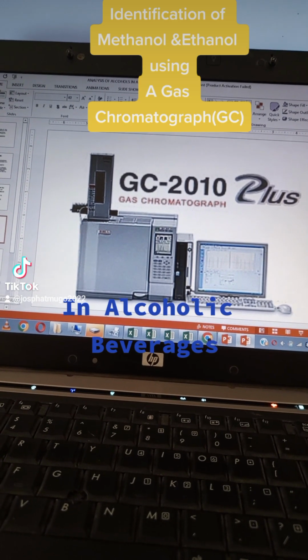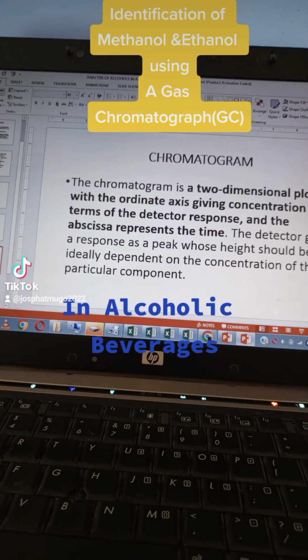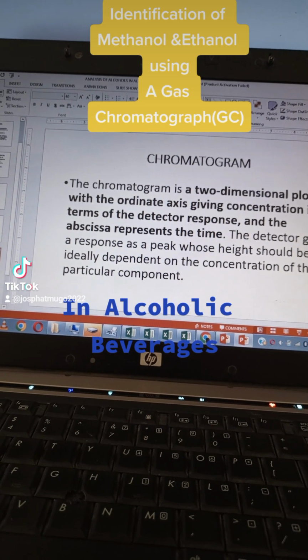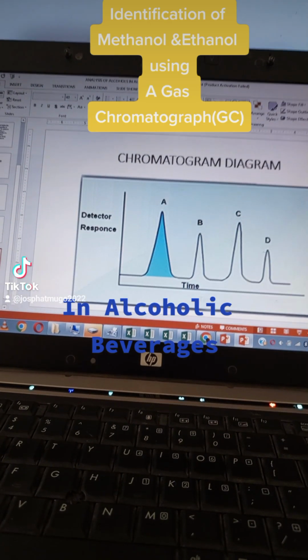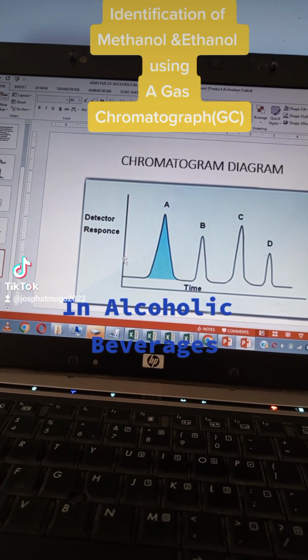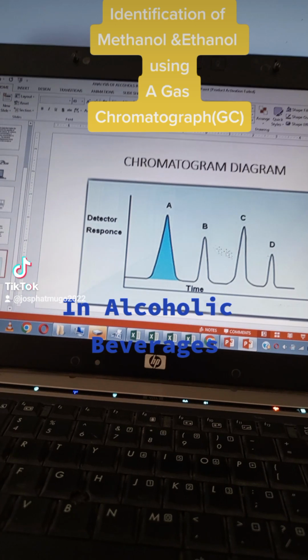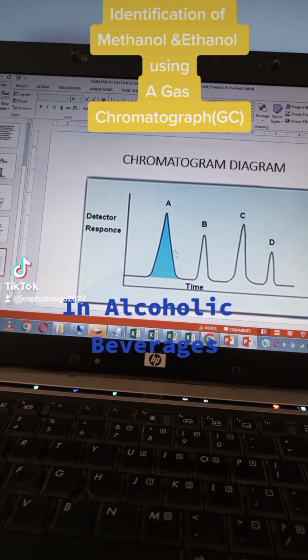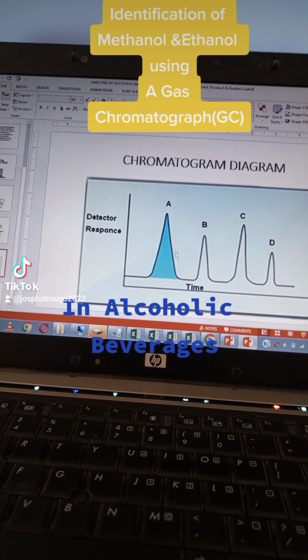The detector basically gives you a response of the concentration of your specific analytes. Analytes are the different components that make up a particular sample.